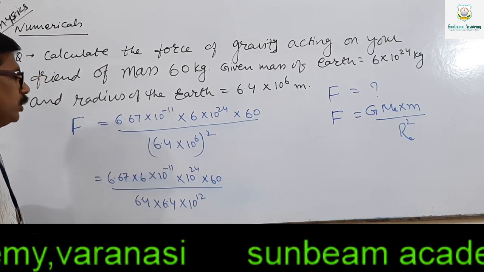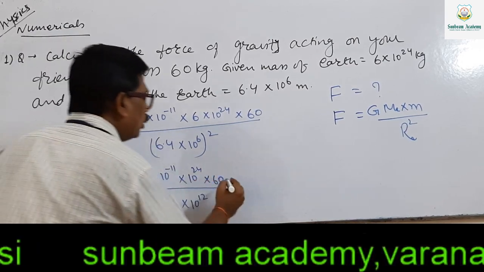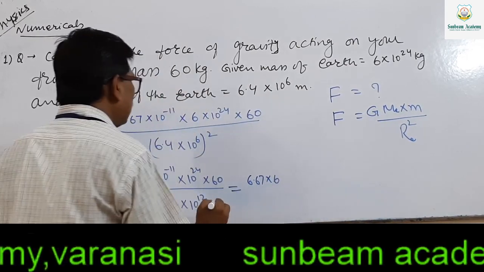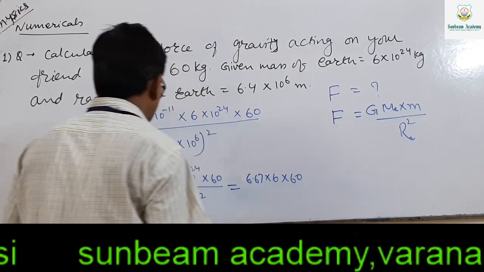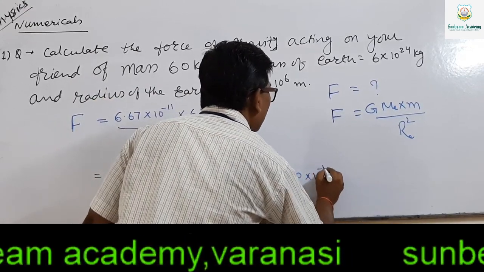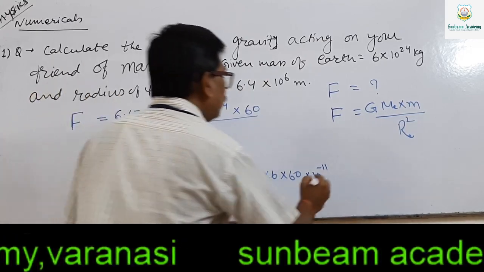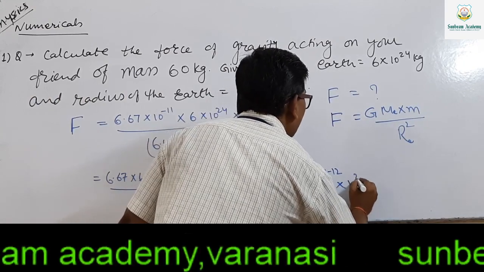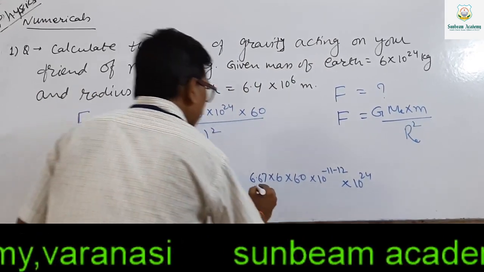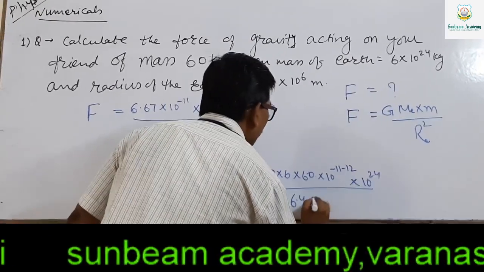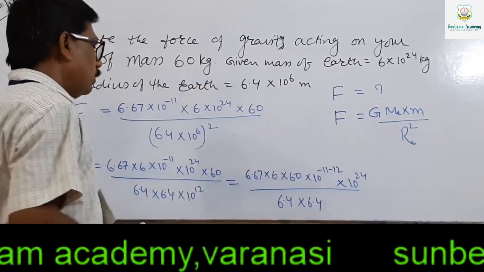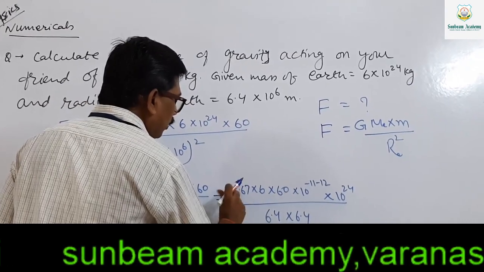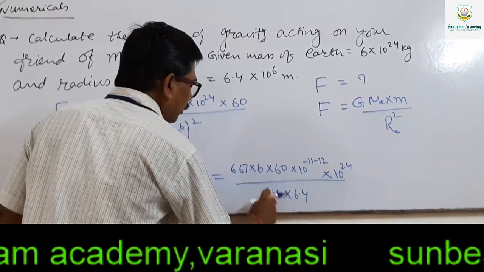It will become 10 to the power minus 12 in the numerator. So it will become 6.67 into 6 into 60 into 10 to the power minus 11 and minus 12 into 10 to the power 24 upon 6.4 into 6.4. Now you remove the decimal point from 6.67 and here also.